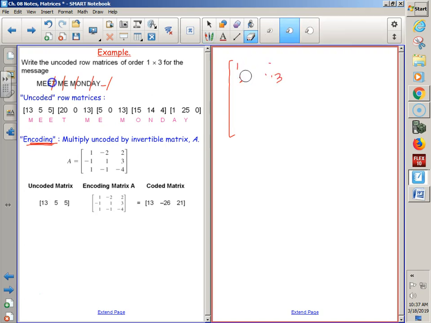I need to group it by 3s, not only because the directions said split up into little 1 by 3s, but also my encoder is a 3 by 3. And multiplication is only legal, right, when the number of columns equals the number of rows.